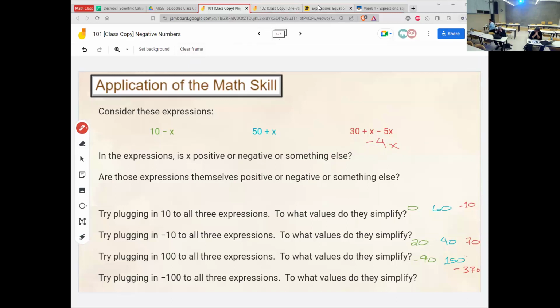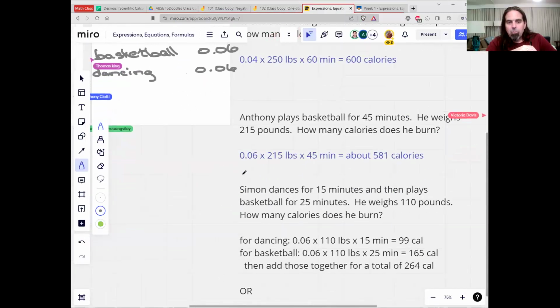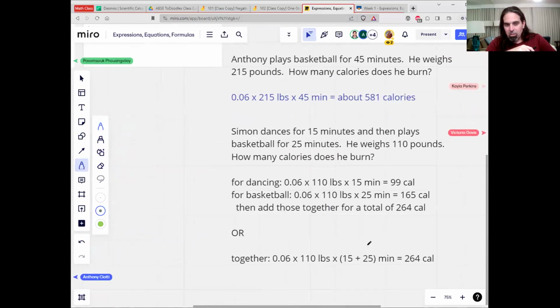If I have so many minutes of exercise and so many more minutes of the exact equivalent exercise, I can just add them together. No problem. So that's all that combining like terms is.